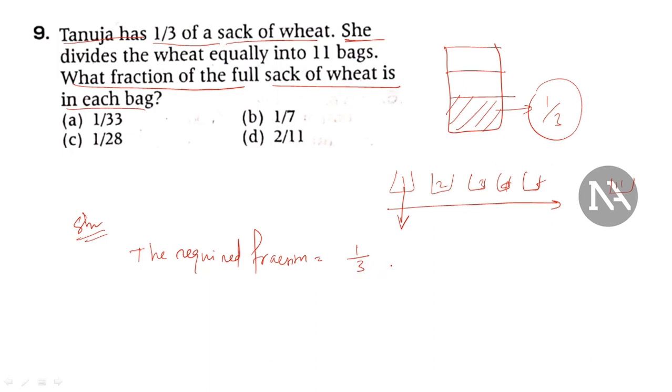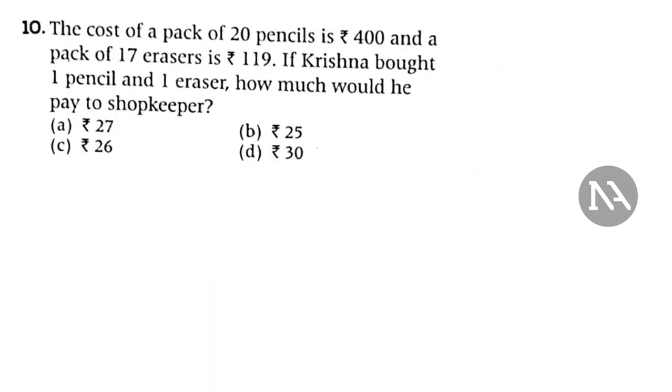Now she divides the wheat into 11 bags. So divided by 11. So this 1/3 sack of wheat is divided into 11 bags. So it has to be divided by 11. So it is 1 divided by 3 into 11. So it is 1 divided by 33. So this is the required fraction. What fraction of full sack of wheat is in each bag? The answer is 1/33. Option A.